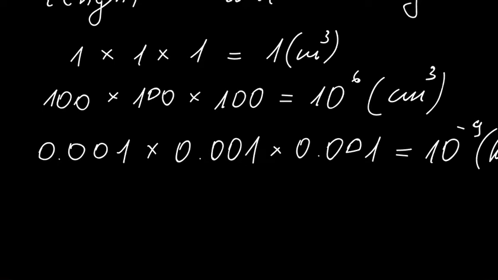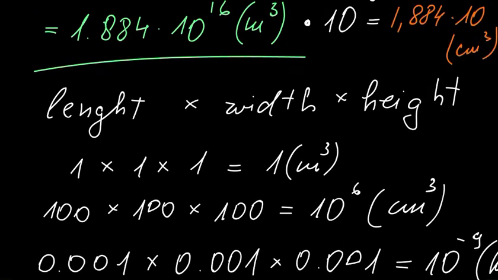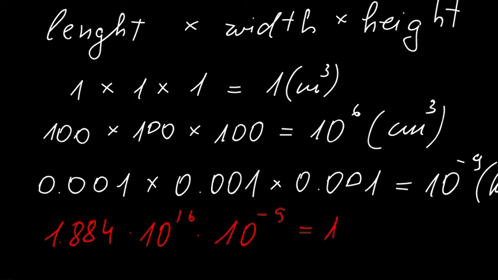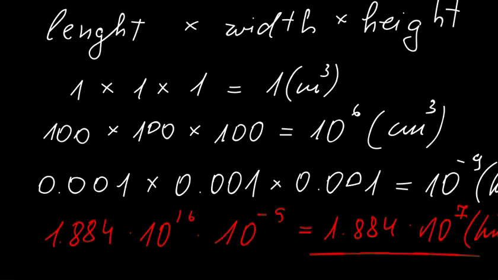So our answer in cubic meters, we need to multiply it by 10 to the power of negative 9. So once we do that, we would get 1.884 times 10 to the power of 16 times 10 to the power of minus 9, and this gives us 1.884 times 10 to the power of 16 minus 9, this will be 7, so 10 to the power of 7 cubic kilometers. This would be our answer.